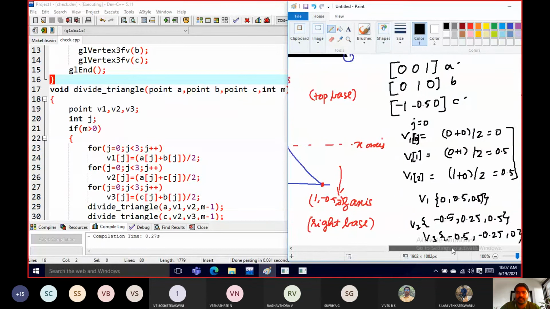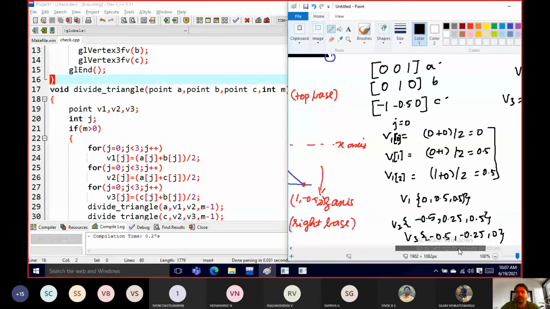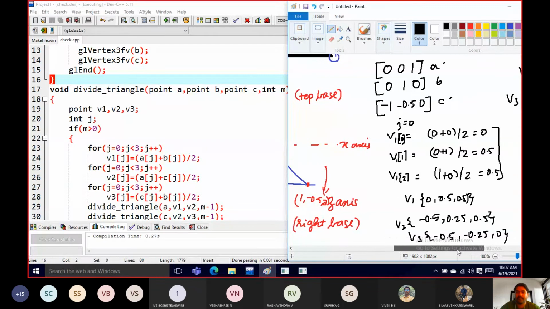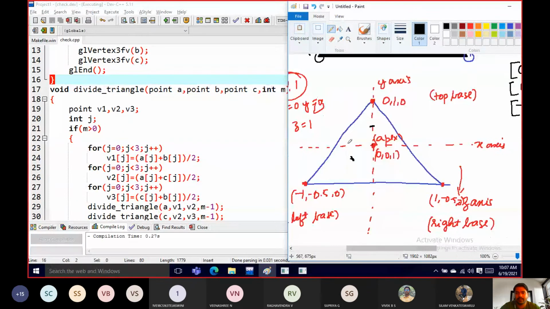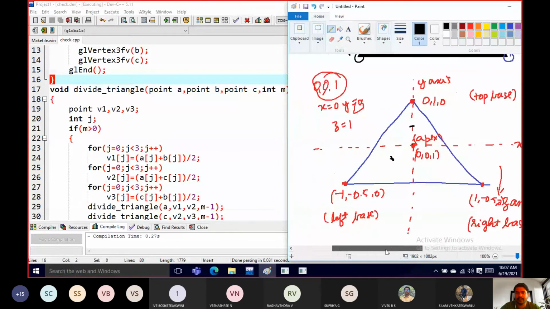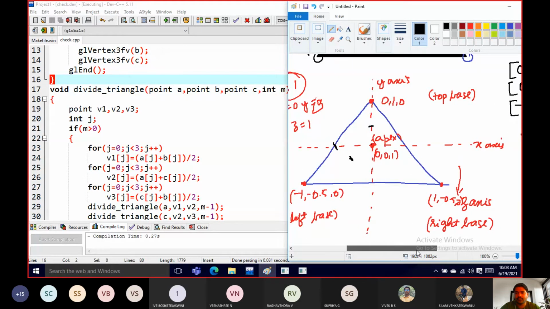All right. Next, what about the last term? V3 is minus 0.5, minus 0.25. Then what about the z value? Z value is 0. That means this will be on the axis. This is 1, this is minus 0.5, and anyhow z is 0.